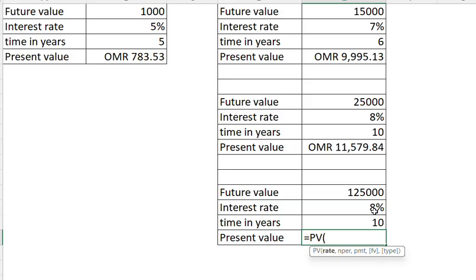Now select the rate of interest 8%, comma, time in years, that is 10 years, nper, comma, 0, comma, minus future value, again comma, 0, bracket close, enter. So this is how we get the present value. So we have understood two things.